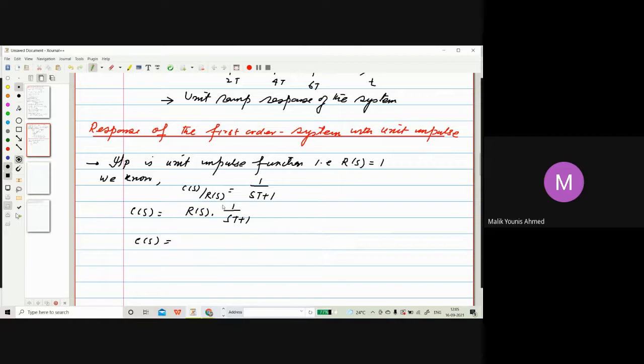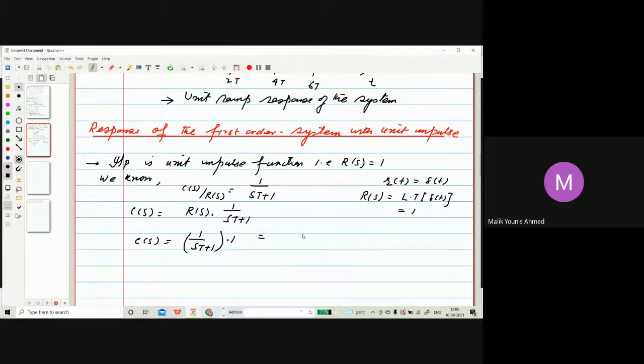We know that R of s is 1 because, for your information, r of t is basically delta t, and R of s will be equal to the Laplace transform of delta t, which we have derived earlier. It is equal to 1. So 1 by (Ts plus 1) will be multiplied by 1.